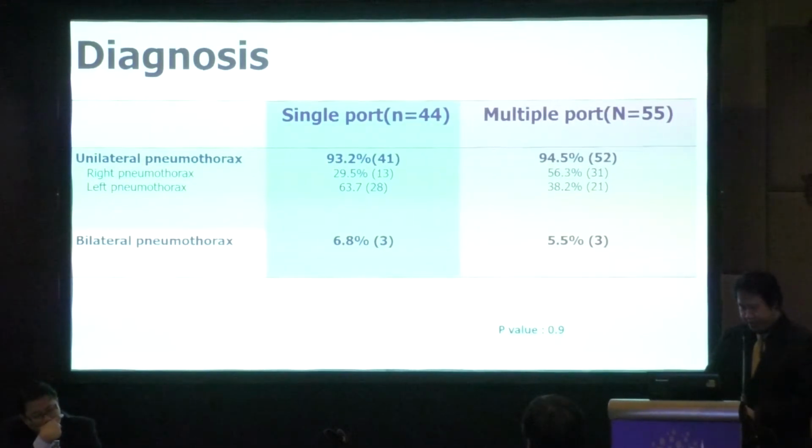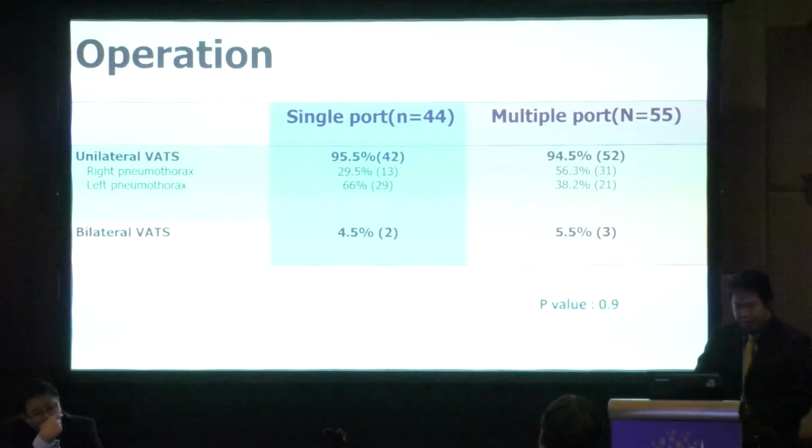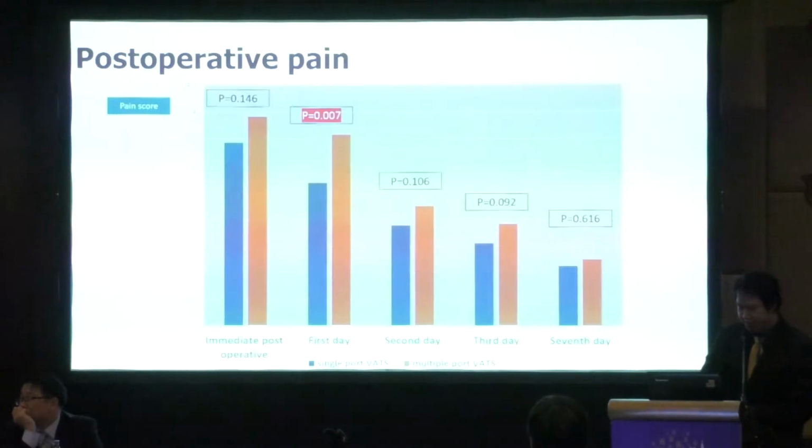Bilateral pneumothorax was 6.8% in the single port group and 5.5% in the multiple port group. Unilateral VATS operation was 95.5% in the single port group and 94.5% in the multiple port group, and bilateral VATS was 4.5% and 5.5%.